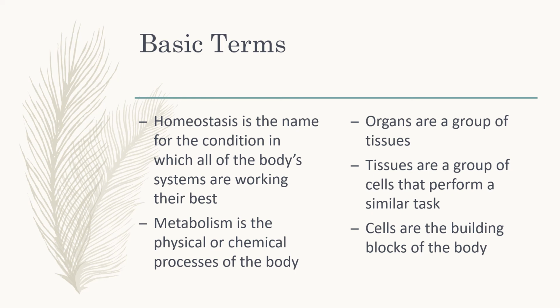Organs are going to be groups of tissues of a particular type. Tissues are groups of cells of a certain type that all perform a similar task. And cells are going to be the building blocks of the body. It's important to know that it can get smaller than a cell. However, for this lecture, cells are going to be your building blocks.